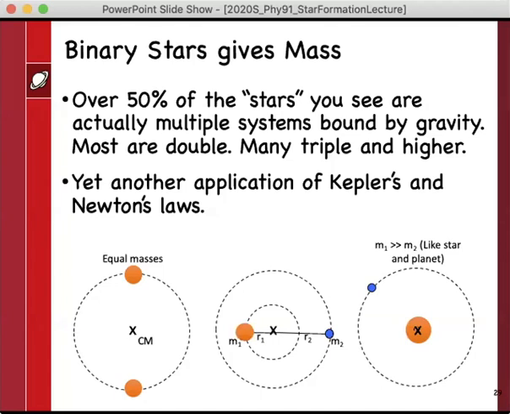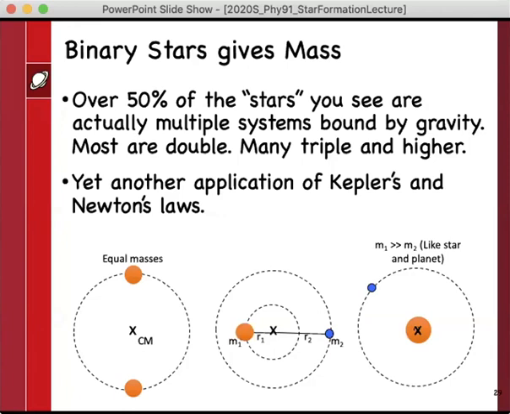And it turns out that binary stars are actually quite prevalent in the Milky Way. If you randomly pick a star in the sky when you go out at night to do your Venus lab, there's over a 50% chance that you're looking at a star that is actually a multiple star system. Either it's actually two stars so close to one another that your eye just sees a single point of light, but actually it's two stars.